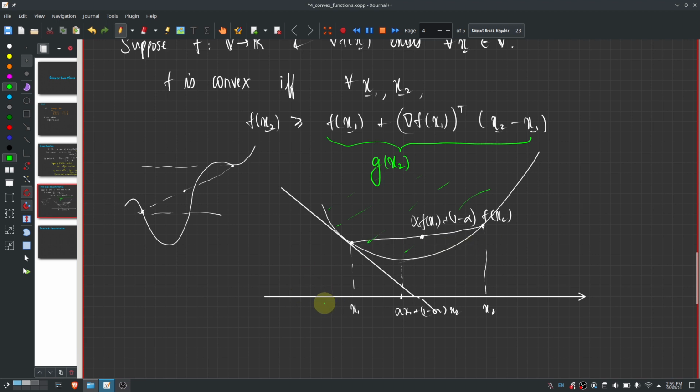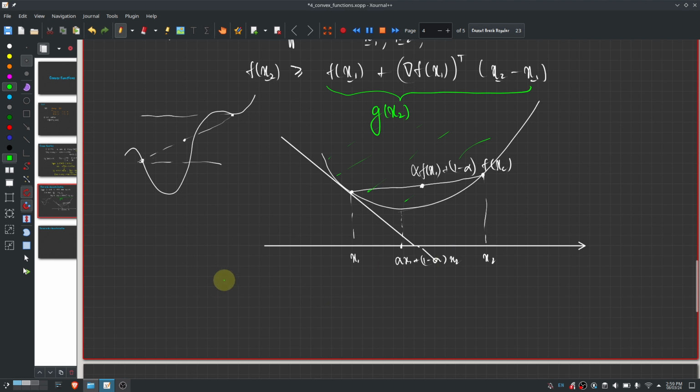So this entire set always lies on one side of the supporting hyperplane and is therefore convex. Okay, so it says that f is convex if and only if the function lies above the tangent to f at x1 for all x1.